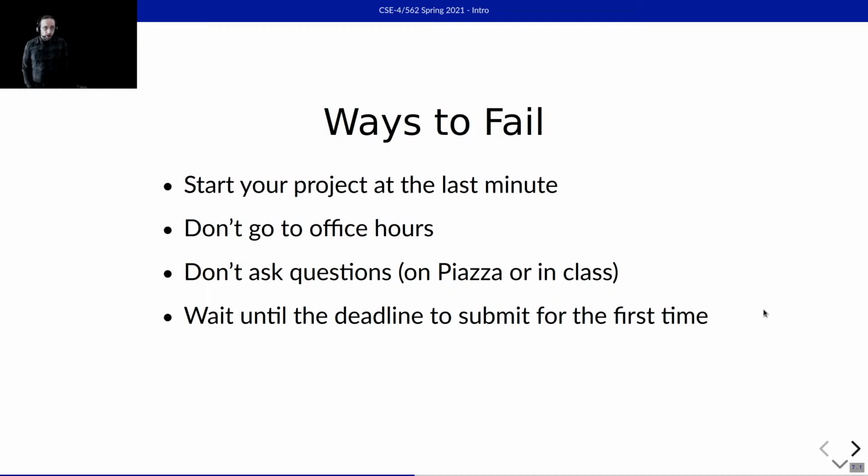Office hours as well. I can't tell you how many people just scraped through in this class just because they were literally in office hours for every single faculty and TA office hour.